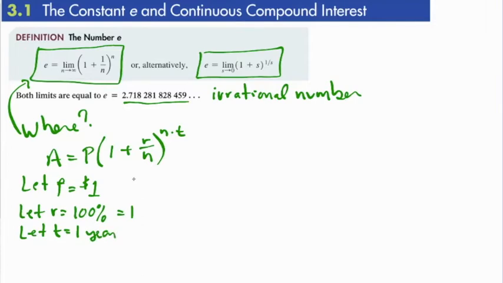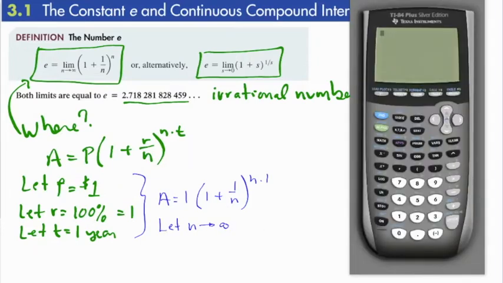And if we put all of this together, we get A is equal to 1 times (1 + 1/n)^(n·1). And they said let the number of compoundings approach infinity. So let n tend towards infinity.